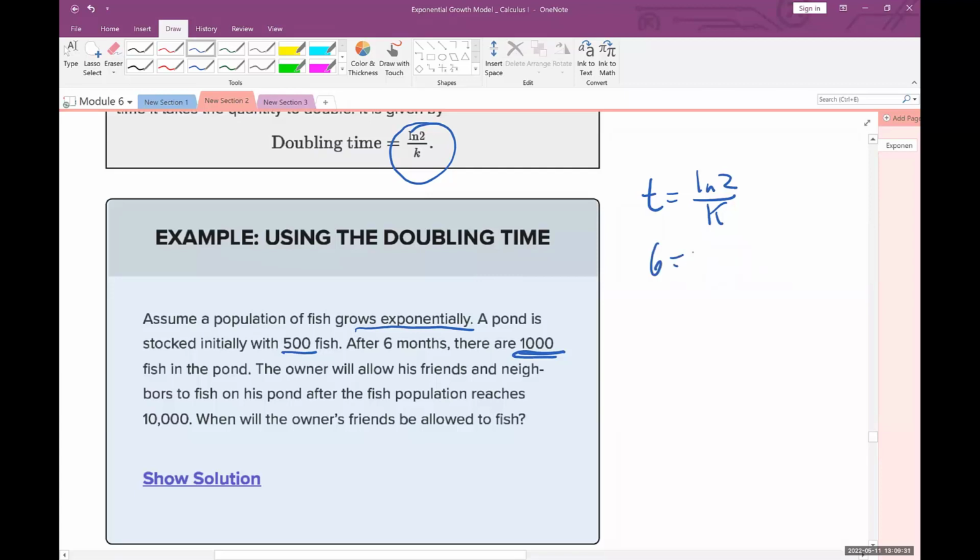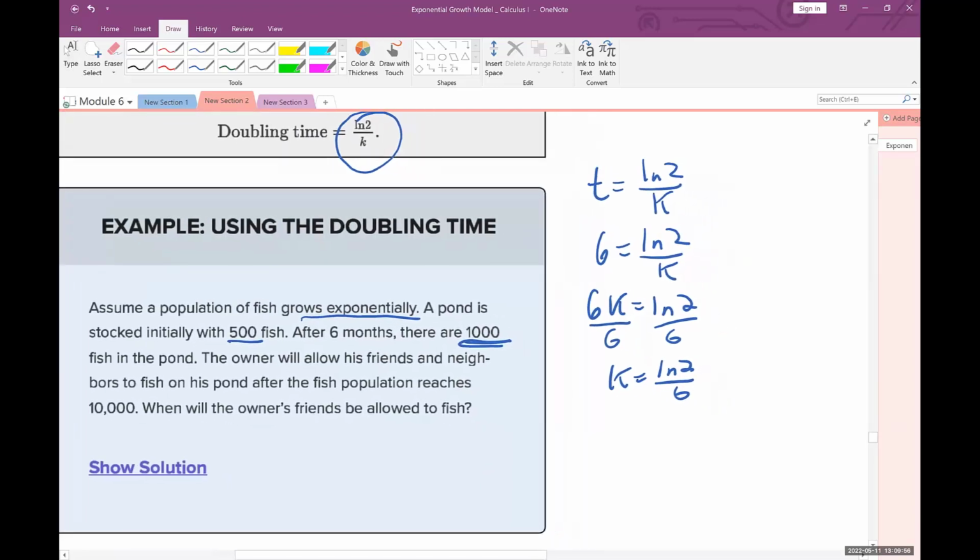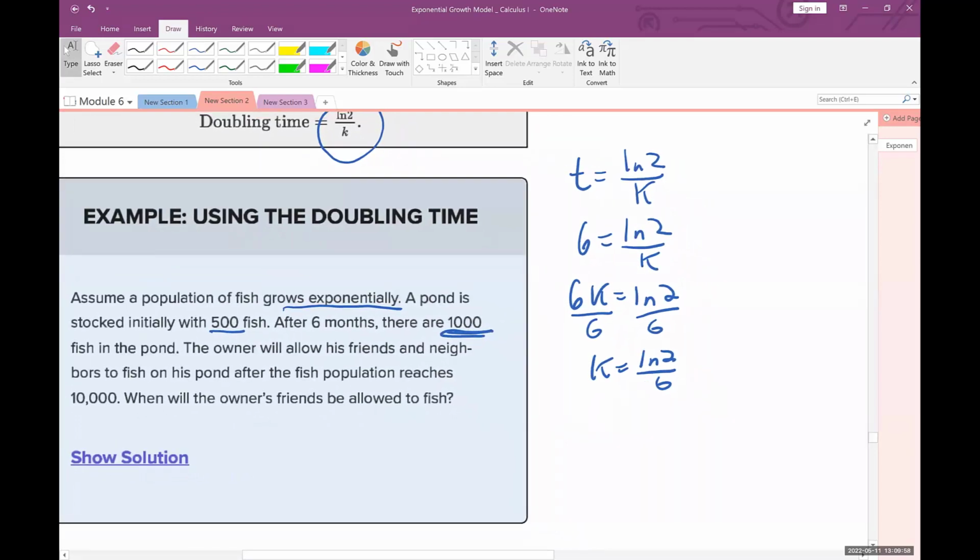So 6 equals the natural log of 2 over k. If you multiply both sides by k, 6k equals the natural log of 2, and divided by 6, k equals the natural log of 2 over 6. The book tends to leave this in terms of that expression instead of getting a decimal, but I'm good either way. These are all estimates anyway.